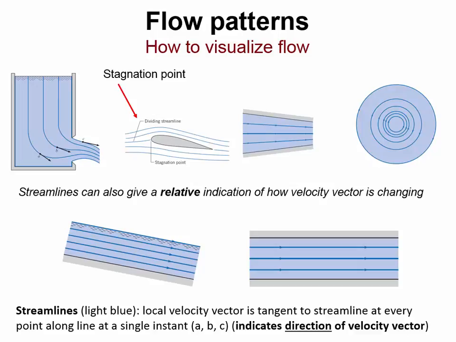If you have flow going around in circles, and there's a big example of that flow going around in circles right now in the southern Atlantic Ocean, like a hurricane about to hit Jamaica and Haiti. And so even if the winds are going the same speed, the fact that they're changing direction means that there's acceleration. So streamlines are very useful for helping us to see what's going on inside of a flow situation.